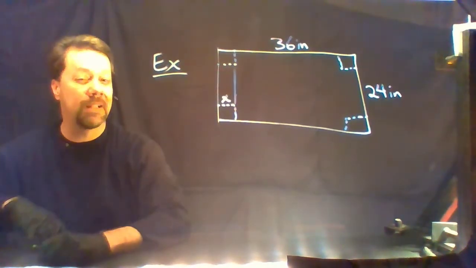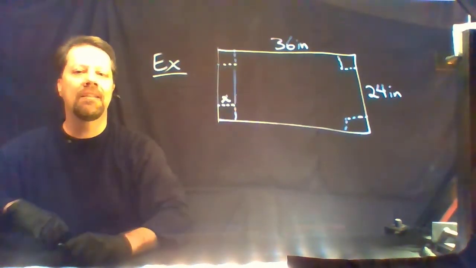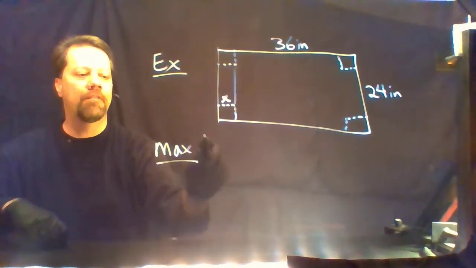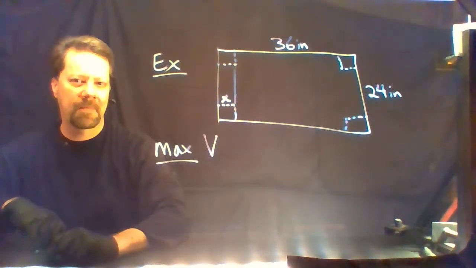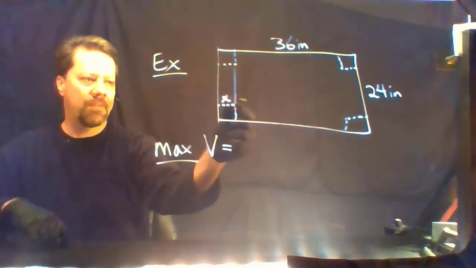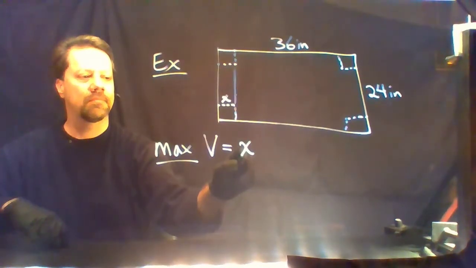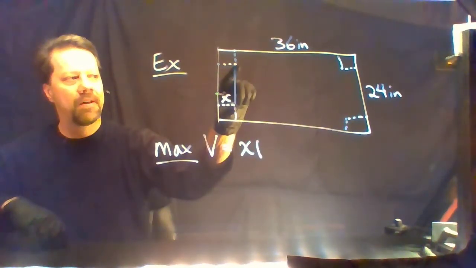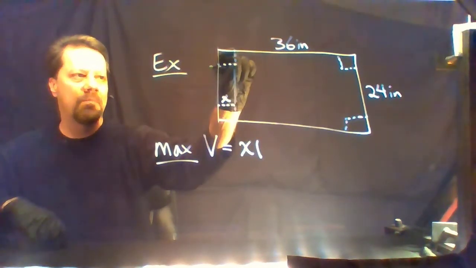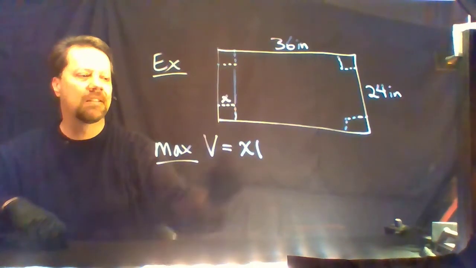We'll name that variable x. How much should we cut in order to obtain a maximum volume? You can see that the volume here of the box that results will have a height of x. The width, though, is not going to be 24. It's going to be 24 minus x on this side and also minus x on the other side.